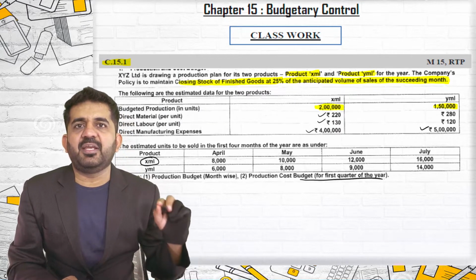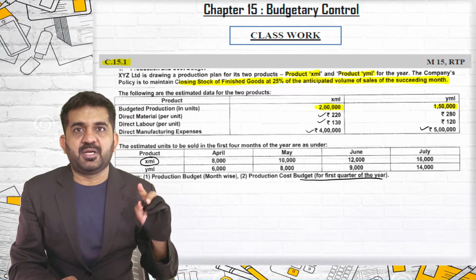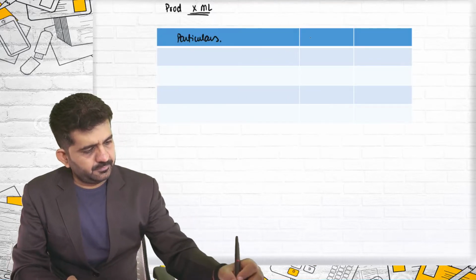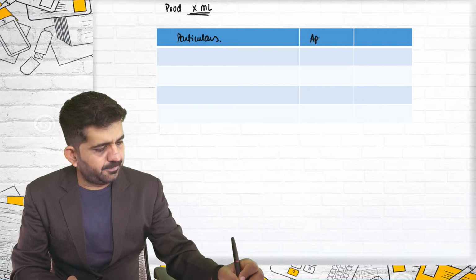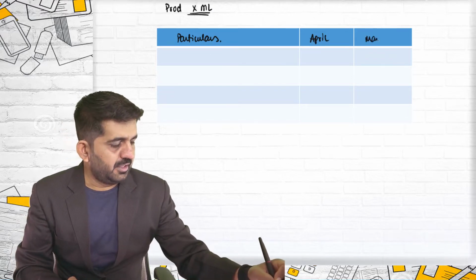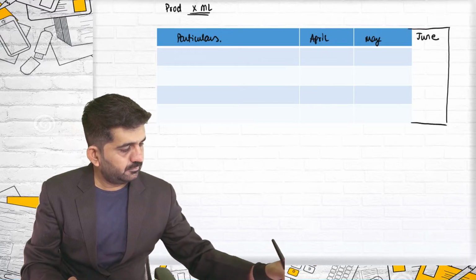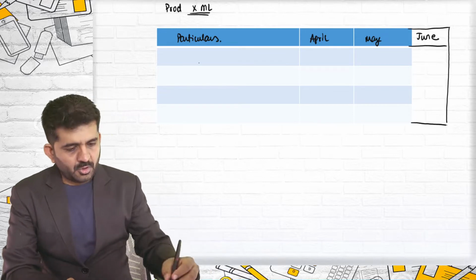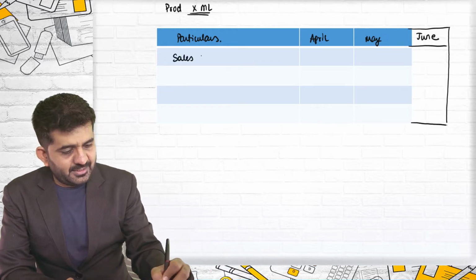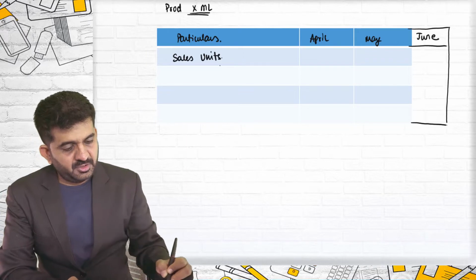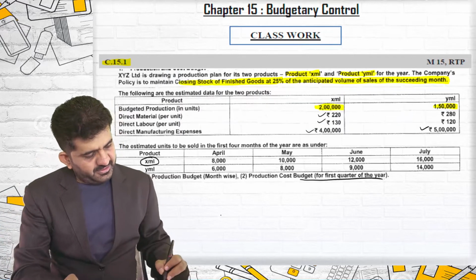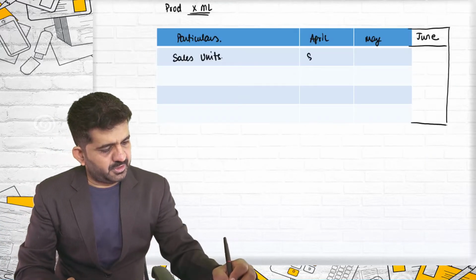So I will be preparing for a particular quarter, that is April, May and June. So what is the sales unit in April, May and June? It is 8,000, 10,000 and 12,000.